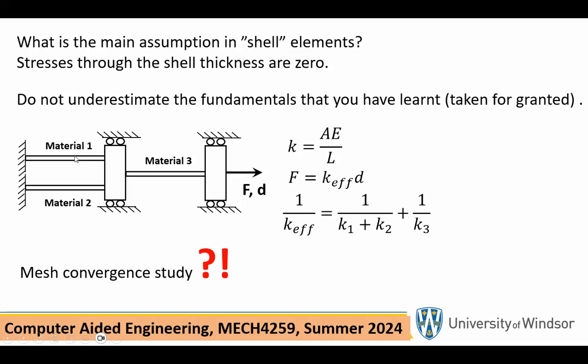Now, of course, the top rod and the bottom rod seem to have the same length. And if that's the case, they have the same L, but they may have different cross section and different Young's moduli, two different materials. So these two actually act in parallel.